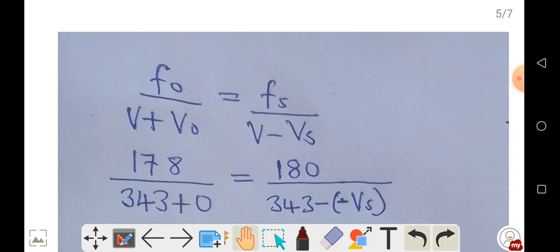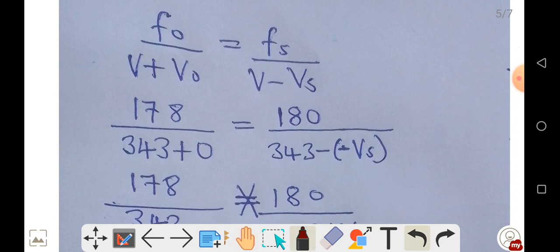So what is the frequency heard by the observer? Like we have mentioned, we assume that the observer observed this frequency of 178 Hz. So we take our observed frequency to be 178 Hz. We advise that you also include units when writing.